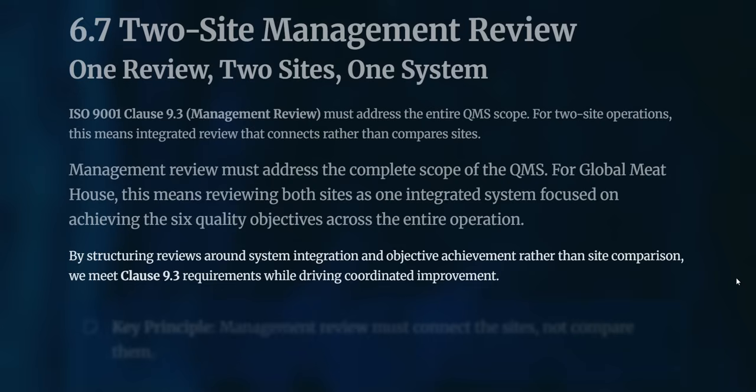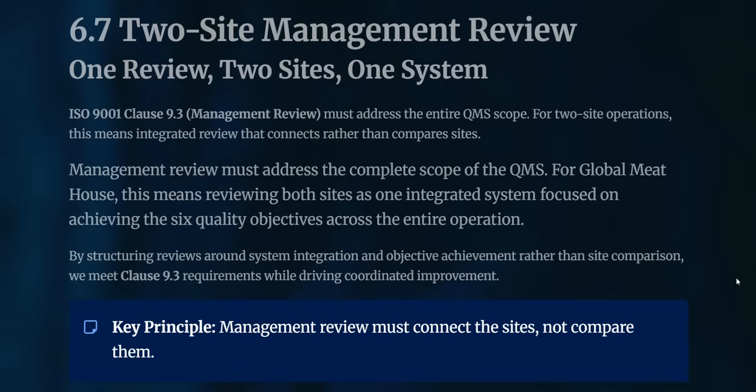By structuring the review around system integration and objective achievement rather than site comparison, we meet clause 9.3 requirements while driving coordinated improvement. The key principle here is that management review must connect the sites and not compare them to each other. In the case of multi-sites, it must do the same.